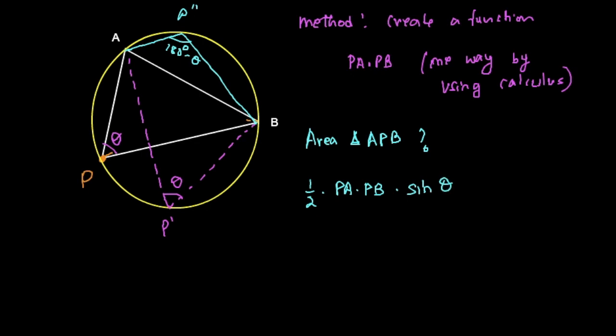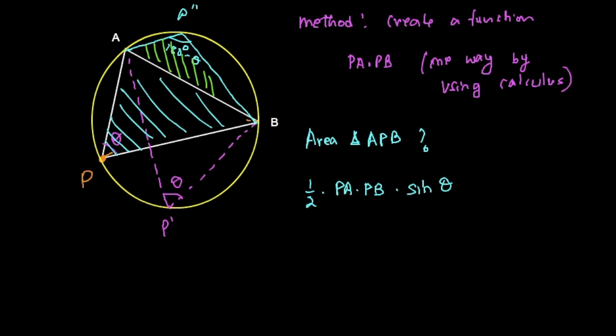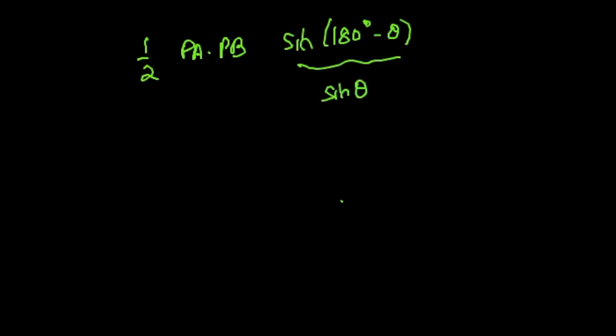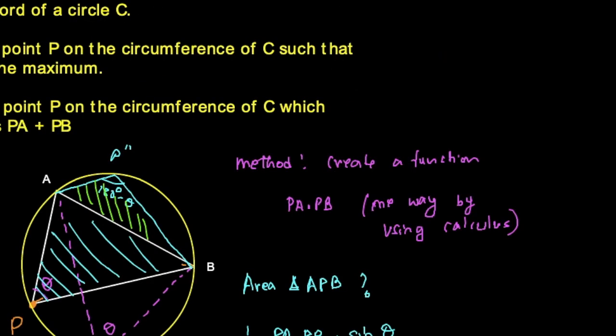So it's sine of theta if we are looking at this triangle, and it is sine of 180 minus theta if we are looking at the triangle on the opposite side. So it's either this or PA times PB times sine of 180 degrees minus theta, but that is sine theta again. So we really can use only one formula. Doesn't matter where the point P is, which arc, the minor or the major, it's always sine theta.